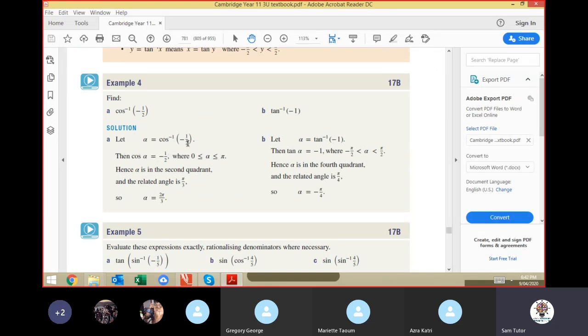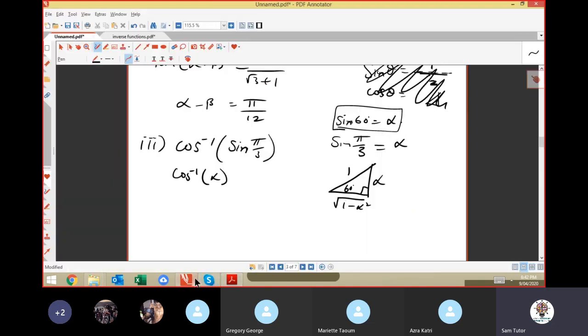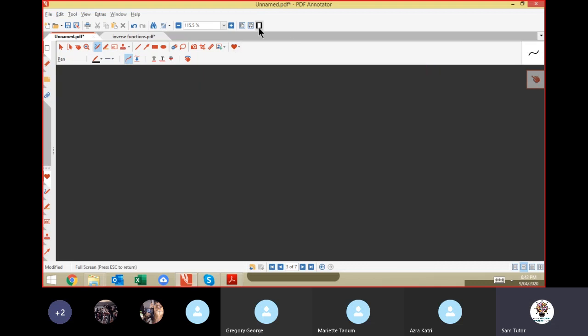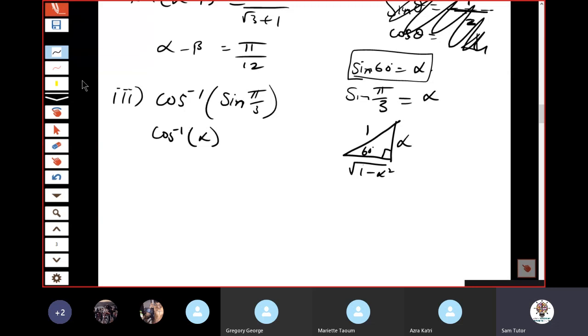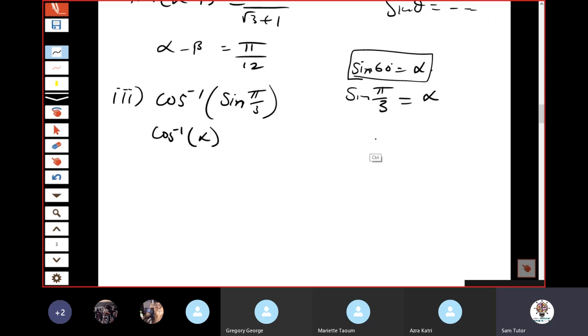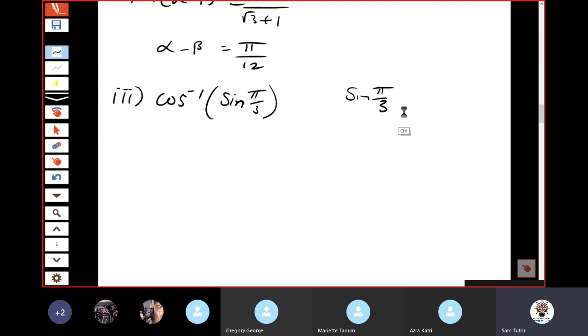Let alpha equal cos inverse of this. Let this whole thing become cos. Is that where my mistake was? We said let alpha. What I should have said is this equals alpha, and then you're going to get sine pi on 3 is equal to cos alpha, and then sine 60 degrees.